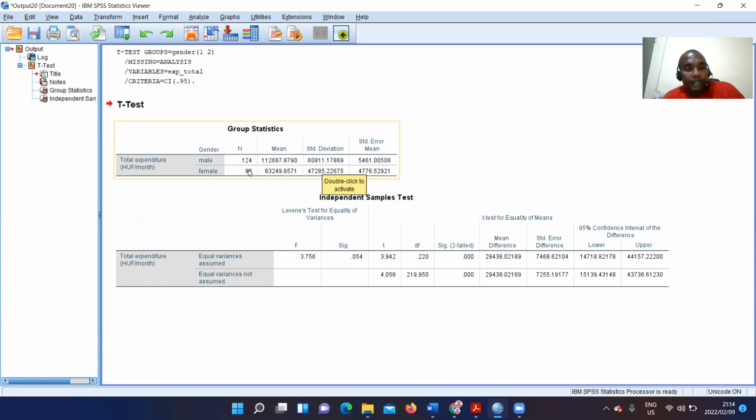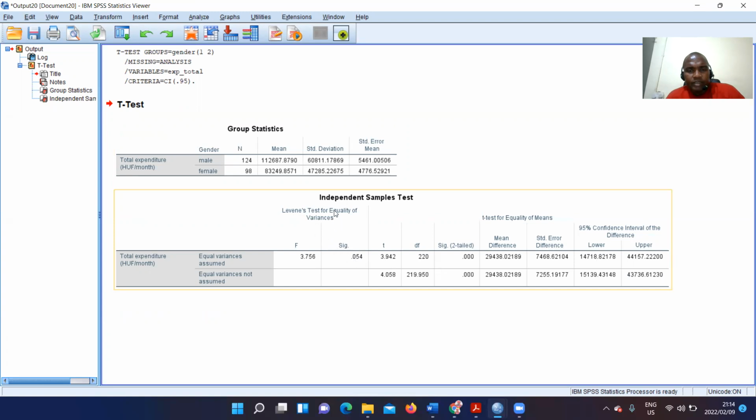Whereas for women, who are 98, their average expenditure is 83,249.86 when we round off, with a standard deviation of 47,285.22675 Hungarian forint.